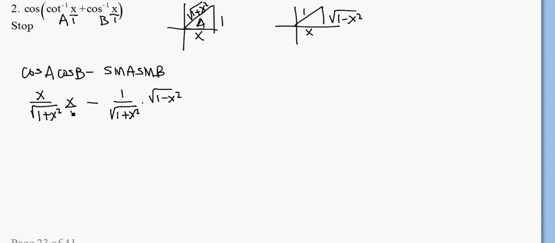So this is over 1 and this is over 1, so I get X squared minus the square root of 1 minus X squared, all over the square root of 1 plus X squared. Not the most attractive answer.